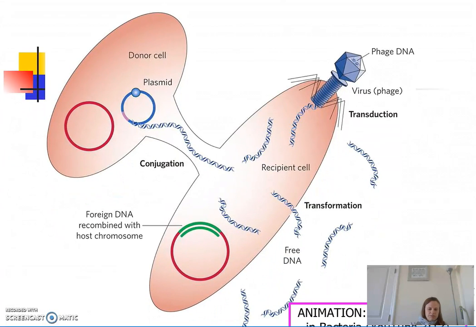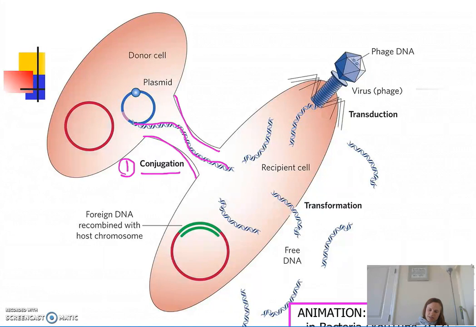Here's a really nice image that summarizes the 3 different mechanisms of horizontal gene transfer. So this first mechanism, conjugation, where the bacteria cells that are connected by a pilus exchange DNA via a plasmid.